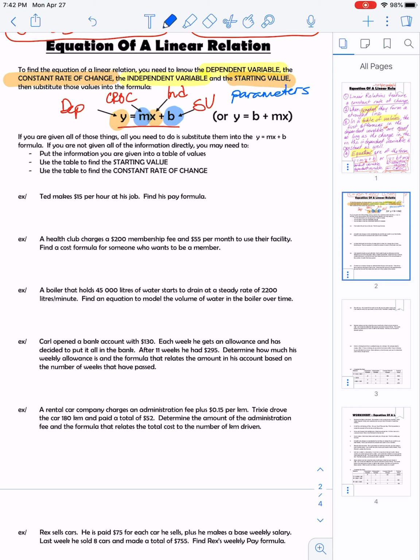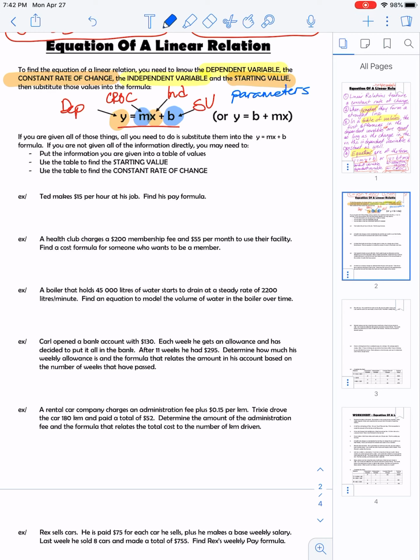So, I mean, you could have the same two variables, say cost and number of people, but different situations would have different parameters. So maybe the rate of change is $25 for one scenario, but it's $50 for another scenario. Or maybe the starting value is 0 for one scenario, but it's 20 for another scenario.